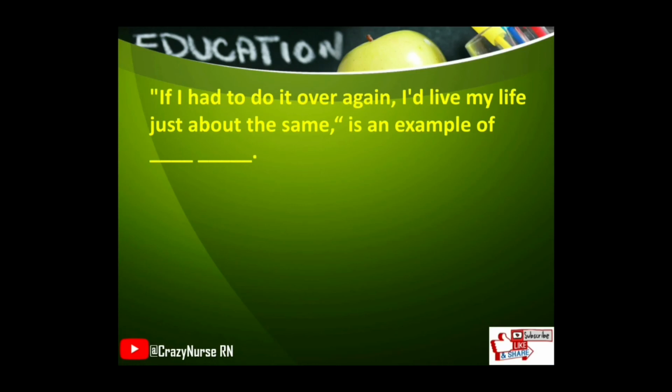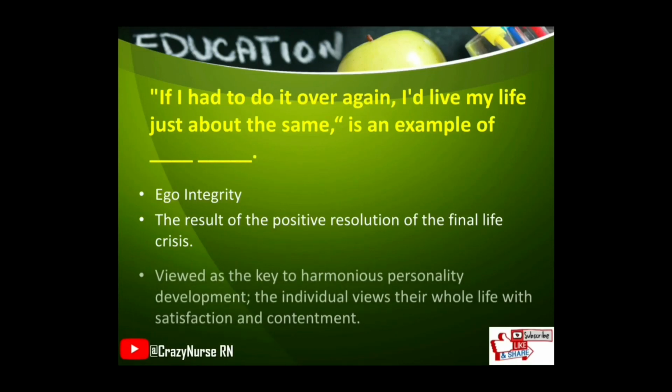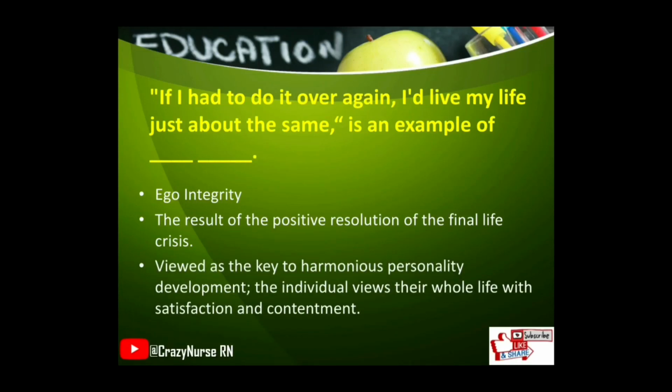If I had to do it over again, I'd live my life just about the same, is an example of blank. Ego integrity. The result of the positive resolution of the final life crisis, viewed as the key to harmonious personality development, the individual views the whole life with satisfaction and contentment.